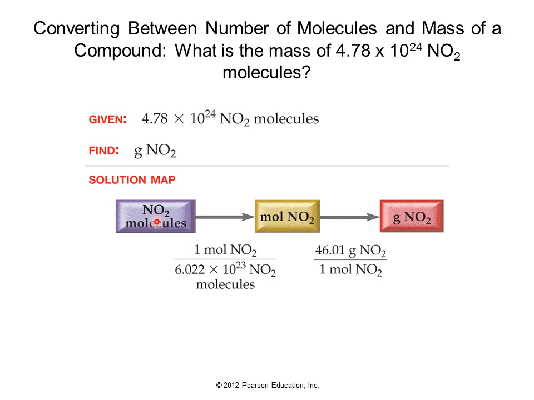So we'll go from number, given, to moles using Avogadro's number, then from moles to grams using the molar mass calculated from the periodic table as 46.01 grams of nitrogen dioxide per 1 mole.